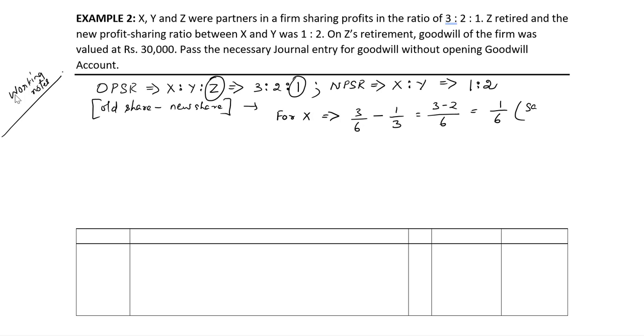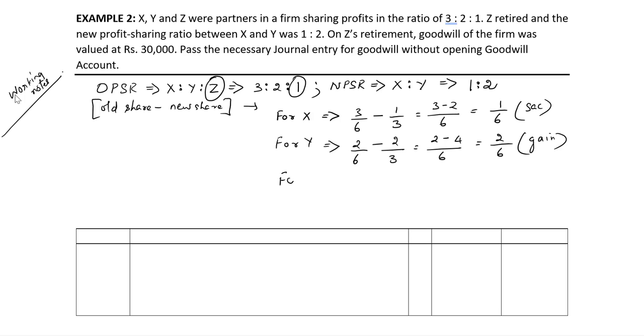So X sacrifices. In the case of partner Y, old share 2/6 minus the new share 2/3, a negative 2/6, and Y gains.